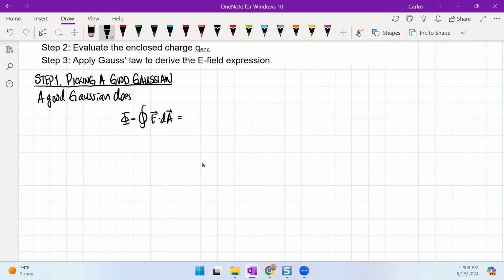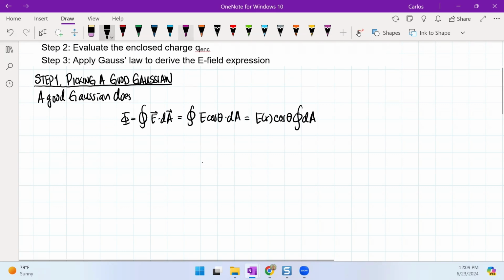And as a consequence, we have a flux integral that now is equal to E cosine theta dA. So a good Gaussian does what? It removes the electric field function and the cosine theta from the integral. So its whole goal here is to remove this from the integral.